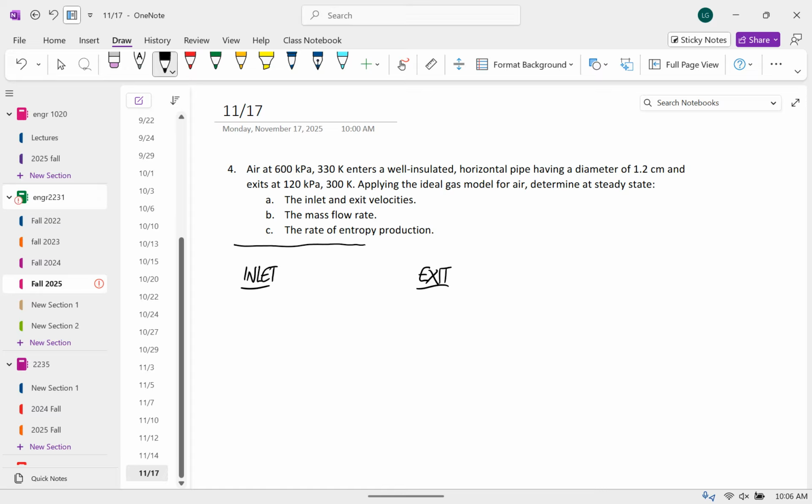At the inlet, we have that the temperature is 330 Kelvin, and the pressure is 600 times 10 to the third pascals. And at the exit, we have a temperature of 300 K and a pressure of 120 times 10 to the third pascals.